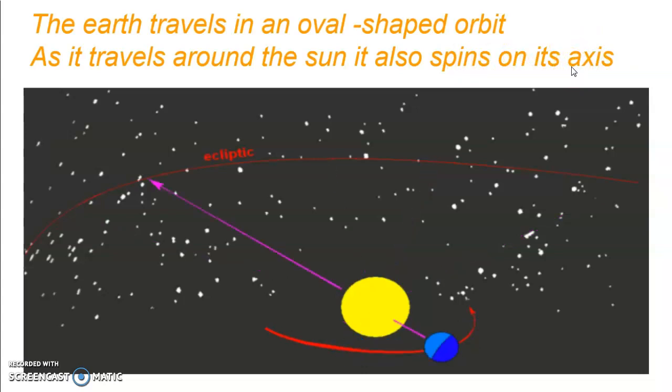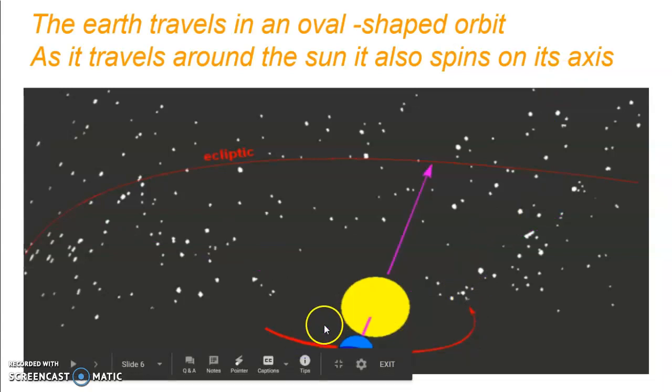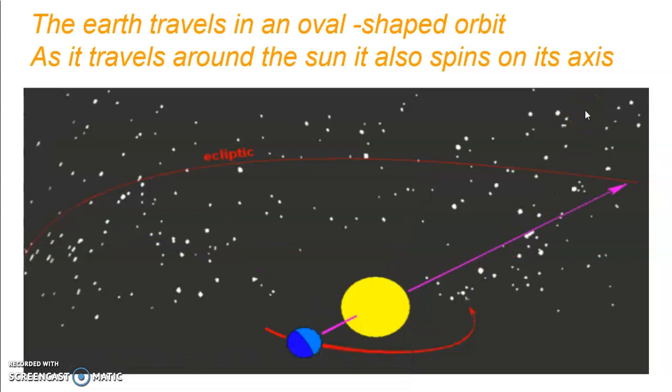We said that the earth travels around itself, around its axis. Look here. Look at the earth, how it travels around the sun, and also it spins on its axis. Okay.